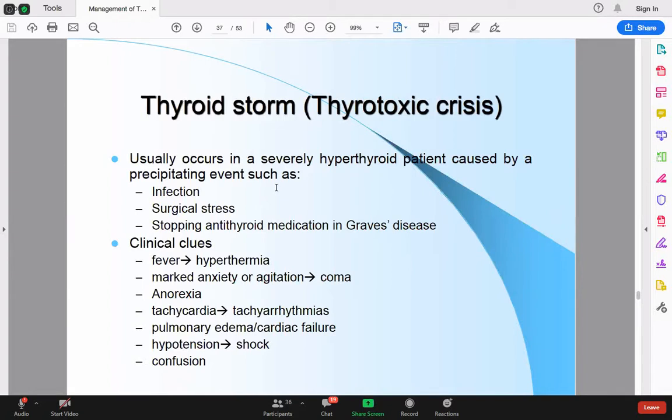This may all lead to a thyroid storm. What's thyroid storm? It's basically a clinical cluster of symptoms including fever, agitation, sometimes even coma, anorexia, tachycardia, sometimes even heart failure, sometimes hypotension and shock and confusion.